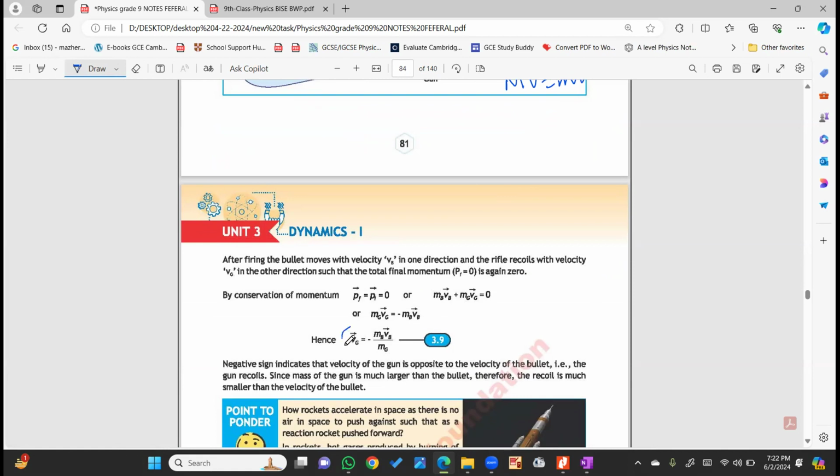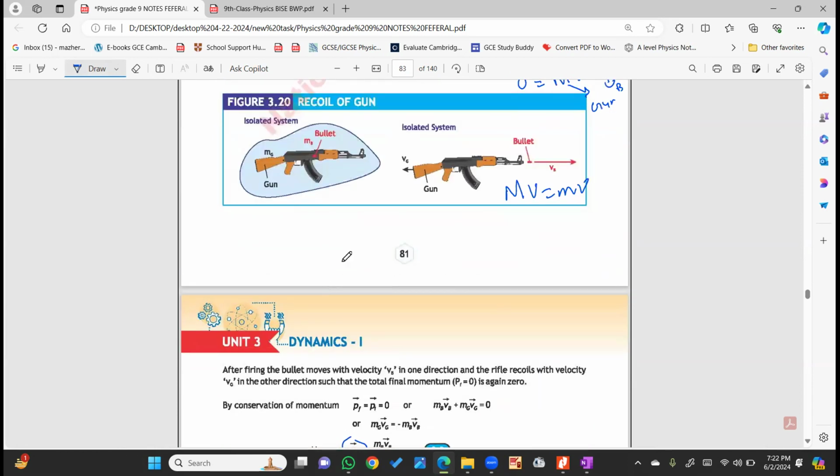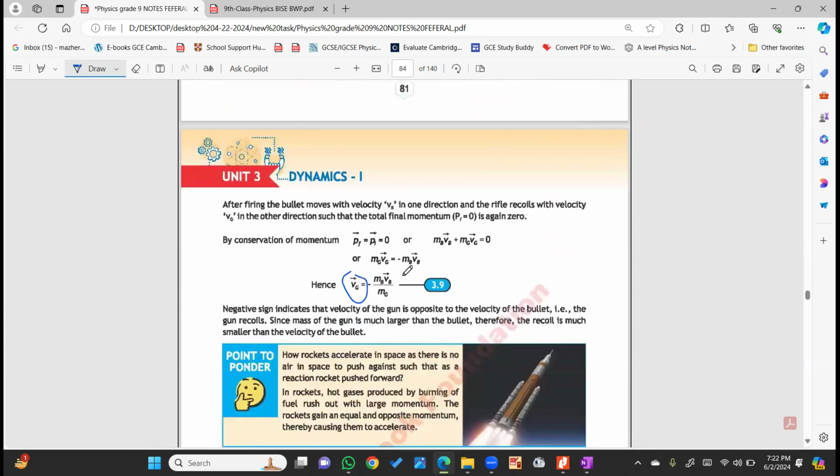Since they have tried to find the velocity of the gun, Vg is equal to mb vb divided by M, where mb is the mass of the bullet and vb is the velocity of the bullet. Here the negative sign is being shown.